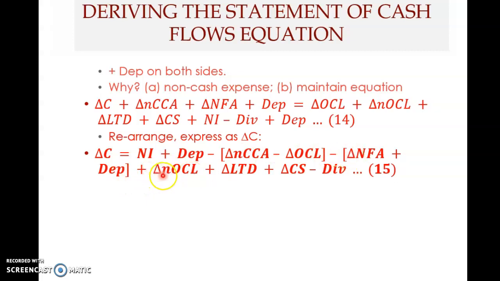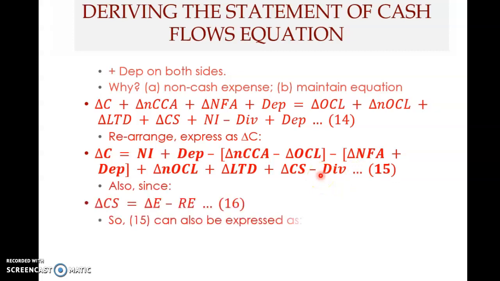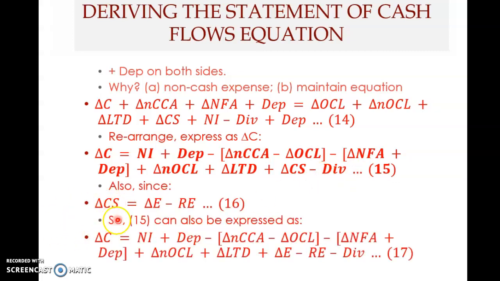Then plus change in non-operating current liabilities, plus change in long-term debt, plus change in common stock, minus dividend. So that's what we have got here. Also, we know that change in common stock is equal to change in equity minus retained earnings. Therefore, we can replace that here, change in common stock with these two. That's what we have done here.